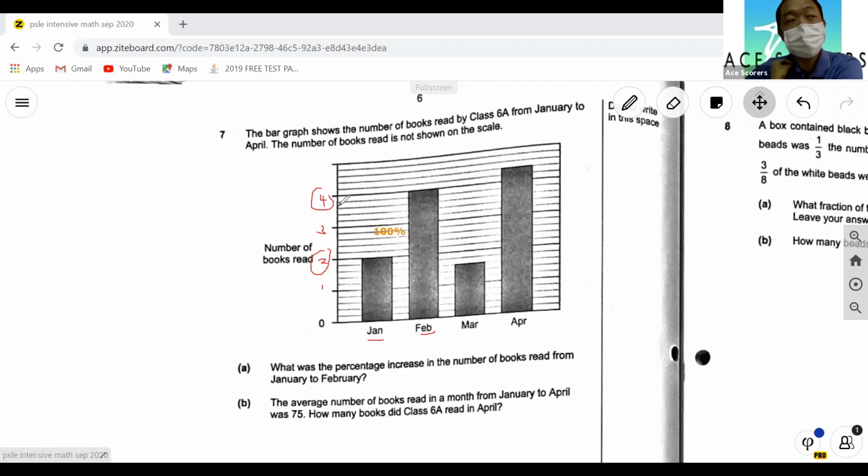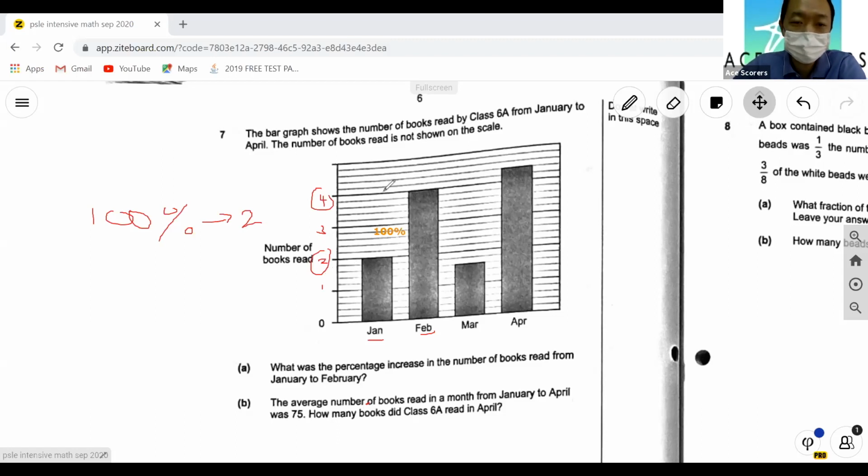Why is 2 to 4 a 100% increase? Plus 2, so 2 plus 2 equals 4. This is what we call the percentage change of base. You need to know that your base, 100%, is 2.